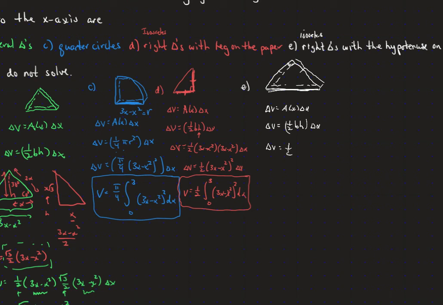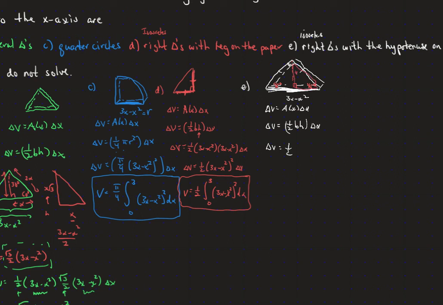Now the base is going to be, this is our function right there, so in our case that is the 3x minus x squared. Now when we draw a perpendicular down here to get the height, notice that since these were 45-degree angles to start with in our isosceles right triangle, now we have a smaller right triangle here.